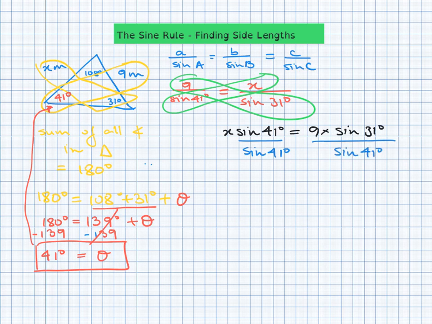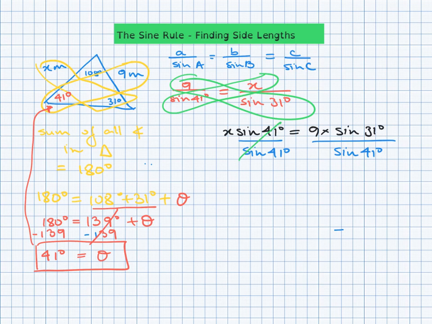Again, please note that this sine here and this one there can't be cancelled out because they belong together. Sine of an angle, sine of an angle, and they have different values. But we can cross out this because that would give us 1.